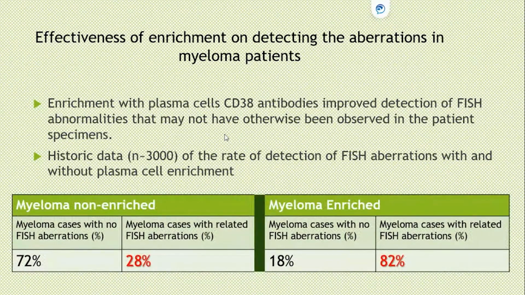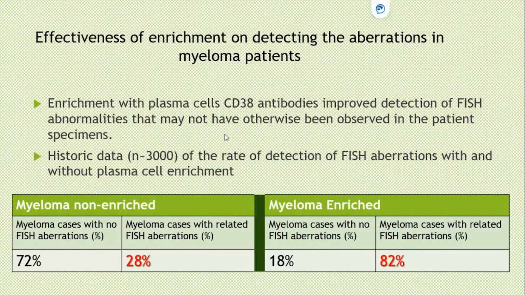As you can see on the left-hand side, we have myeloma cases referred to our laboratory prior to establishment of the enrichment. So we didn't enrich those cells and did FISH directly on those cells, and close to 30% of them showed abnormalities. Do you remember that cytogenetic abnormalities are seen in almost 90% of the patients? So here we couldn't detect them because they are very low level.